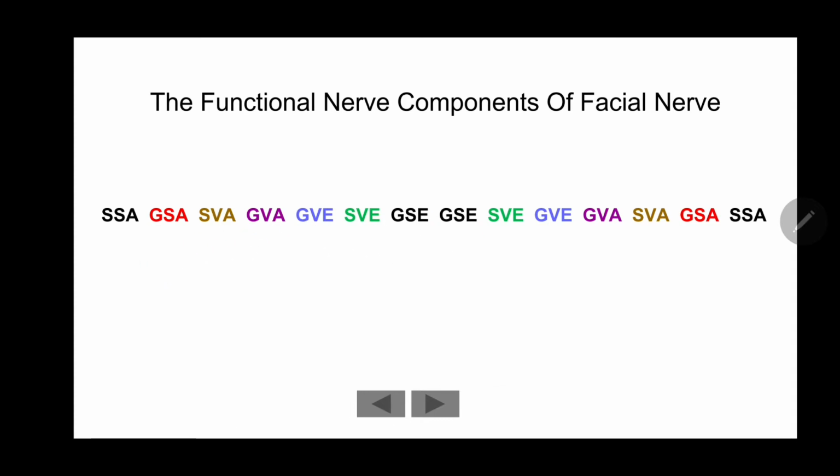functional columns in the brainstem. In the brainstem, the nuclear columns of the cranial nerves have been arranged into 7 functional columns, and they have a bilateral symmetry. So here in between I have drawn this as the median plane, the median sulcus. So on both sides you have the 2 halves of the brain stem.